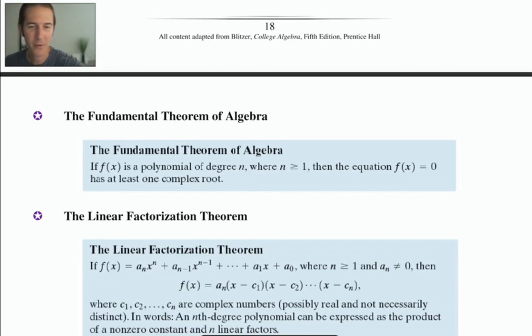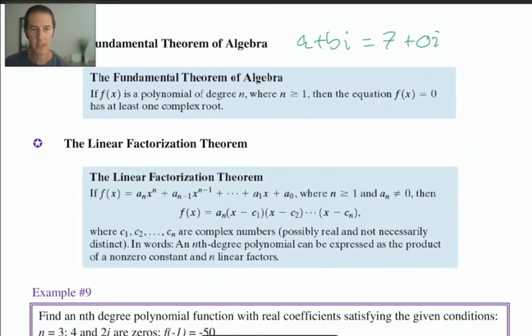I would like to know what their definition of a complex root is. When I think of a complex number, I think a plus bi. You can use that format to describe a real number. Is it possible that a plus bi could represent the number 7? Sure, it would just be 7 plus 0i. So if what they're trying to tell us in the fundamental theorem of algebra is that if we take a polynomial and set it equal to 0, it's going to have at least one root, yeah, absolutely, totally agree.